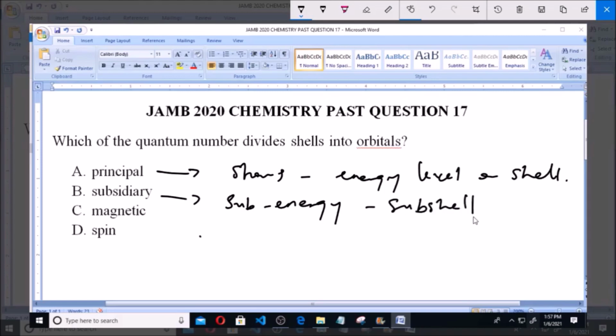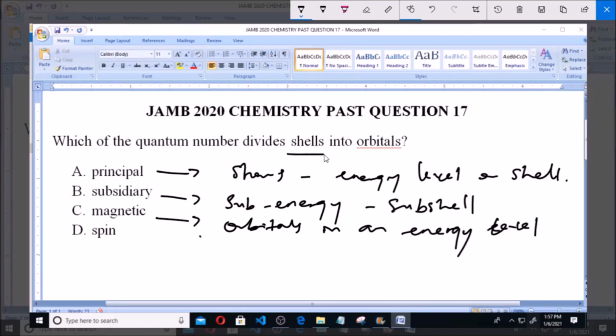The subshell. Then the magnetic quantum number. Magnetic quantum number simply shows the number of orbitals in an energy level. It simply means that magnetic quantum number divides shells into orbitals.